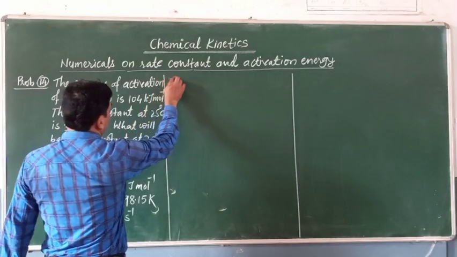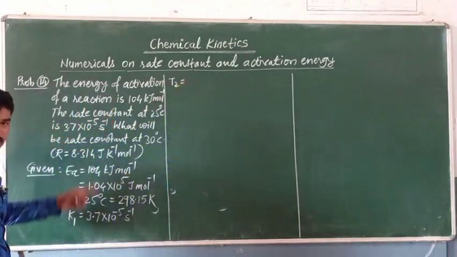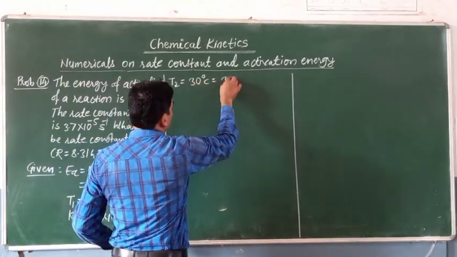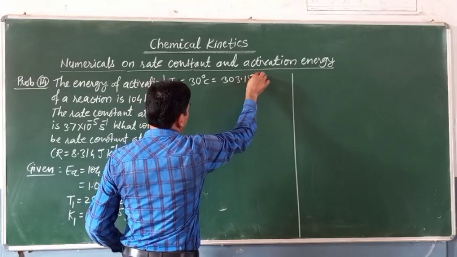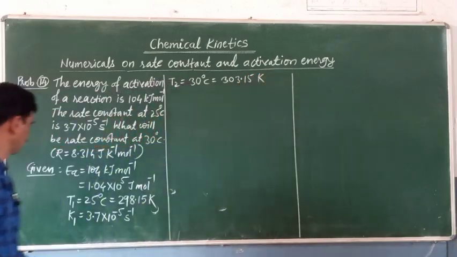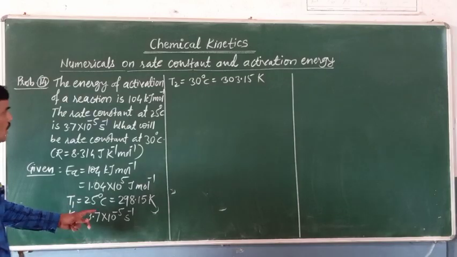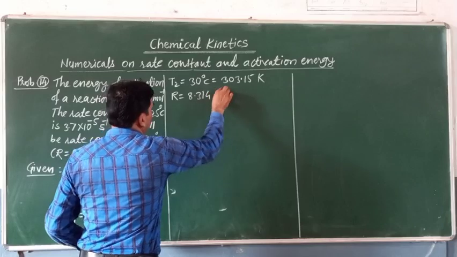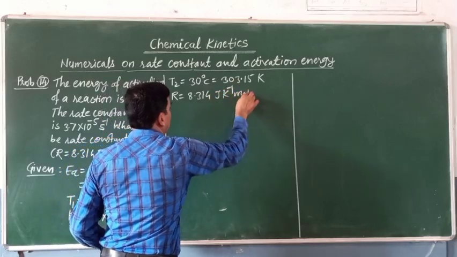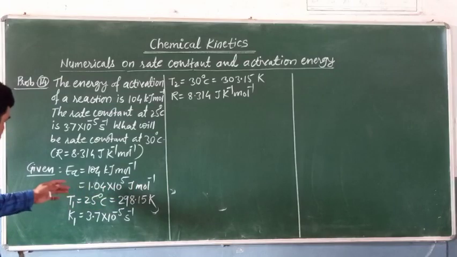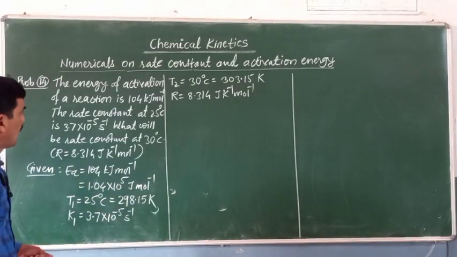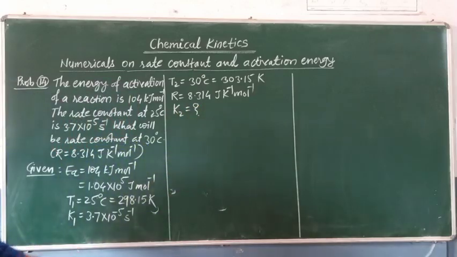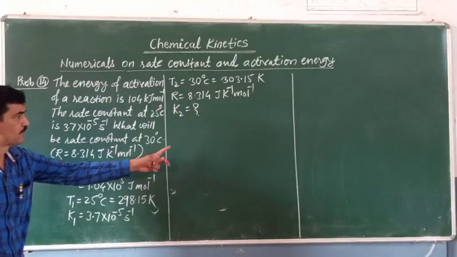The higher temperature T2 is 30 degrees Celsius, which is equal to 303.15 Kelvin. And the molar gas constant R is 8.314 joule per Kelvin per mole. So all these are the given values, and we have to find out K2, that is the rate constant of the same reaction at the higher temperature 30 degrees Celsius.